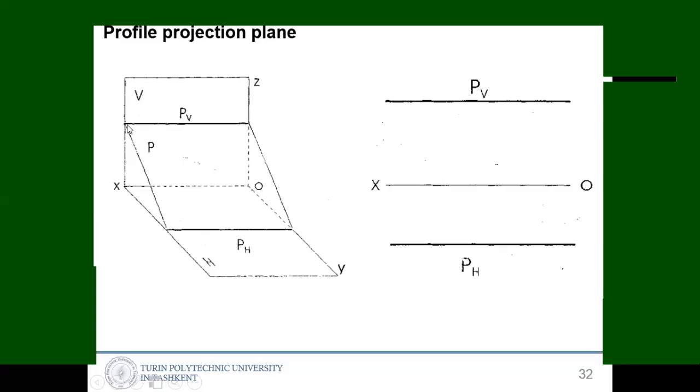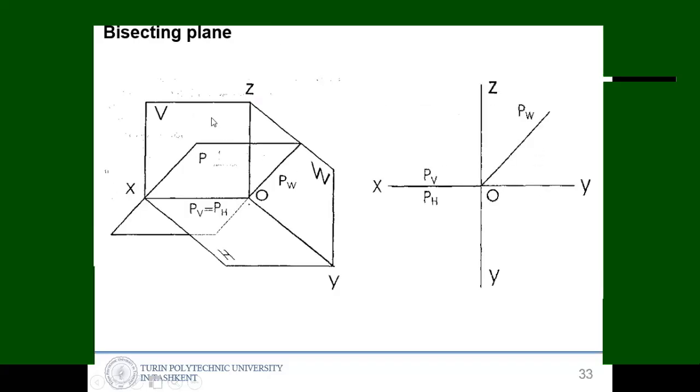And if you have a plane like this in the 3D space, only the W plane has a slope, but all others have no slopes, so that's why it's straight like these two lines. The third one has a slope. It is a bisecting plane, dividing the space into two parts, so that's why we call it a bisecting plane.